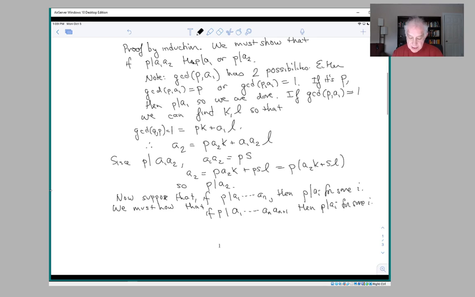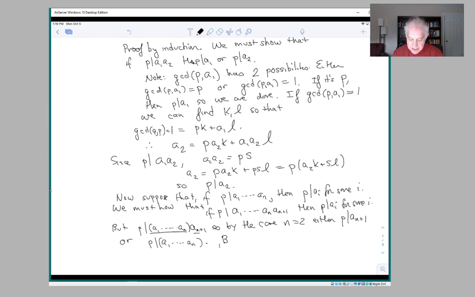And here, the trick, the inductive step, is to write p divides a1 up to an times a(n+1). And that's just two numbers. Here's the first number, and here's the second number. So by the first case, either p divides a(n+1), or p divides a1 times up to an.